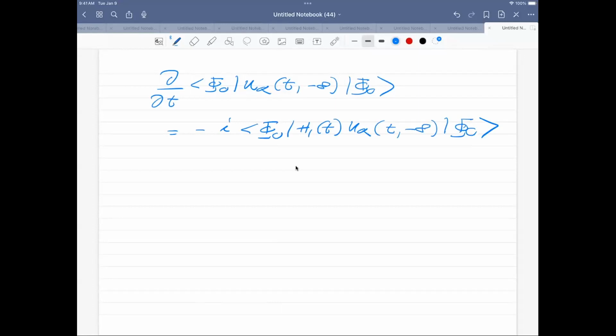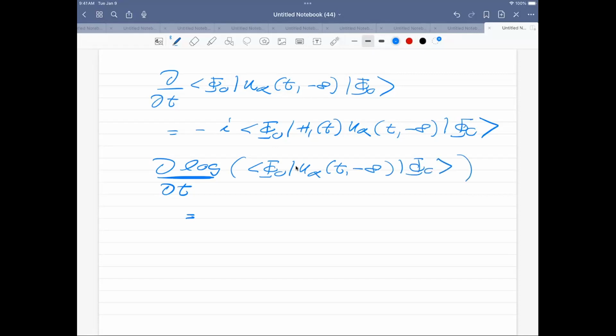And that means I can set up d/dt of the log of this quantity, phi 0 u alpha of t minus infinity phi 0.